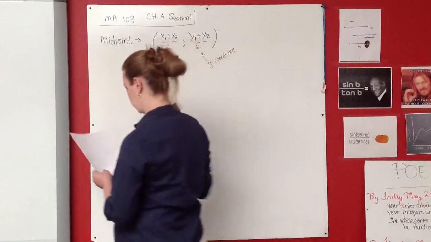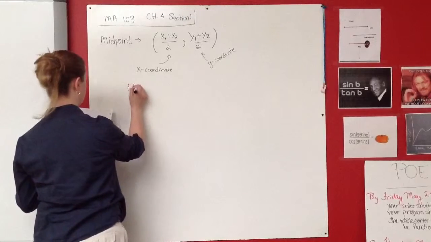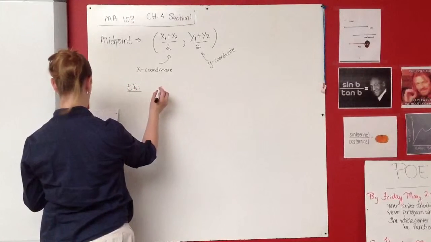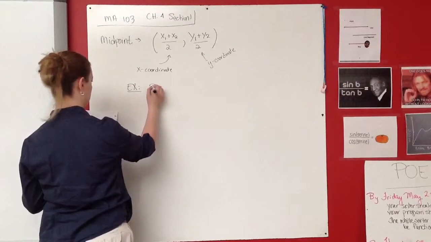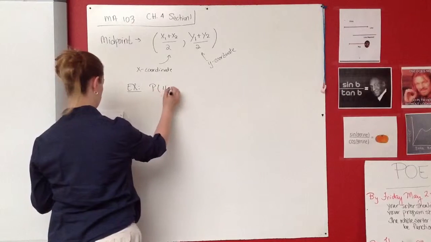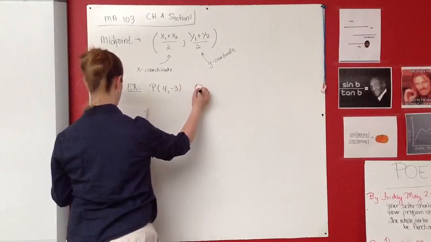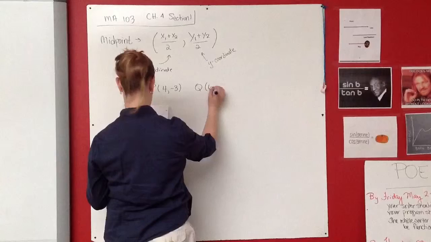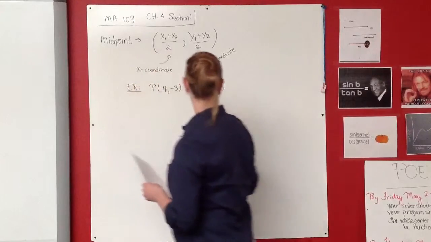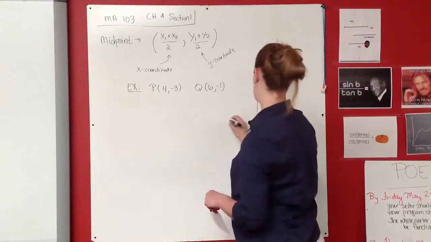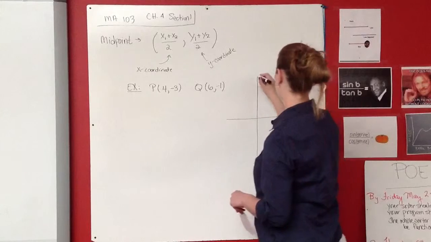So for example, if we had the line segment with endpoints P at 4, -3, and Q at 6, -1. What that looks like on a graph, and don't forget this is a line segment, not a line that goes on infinitely.